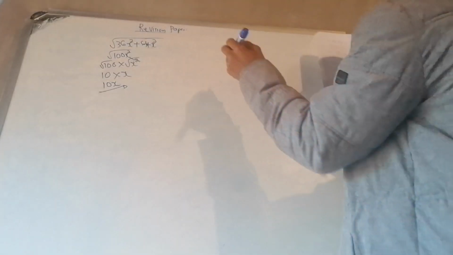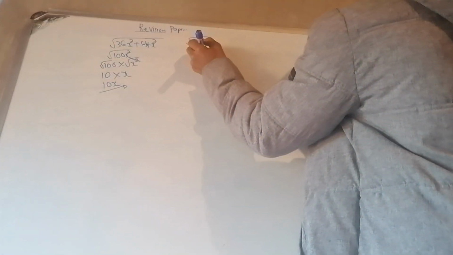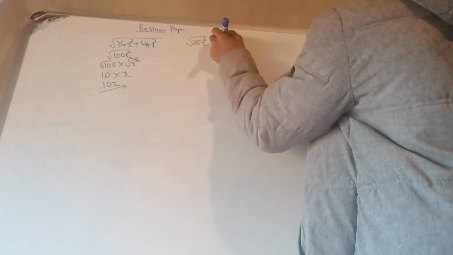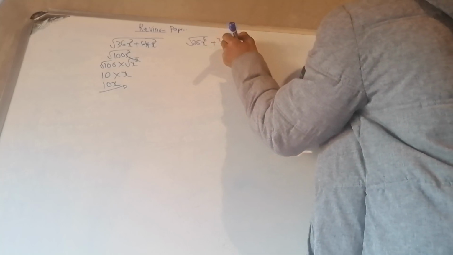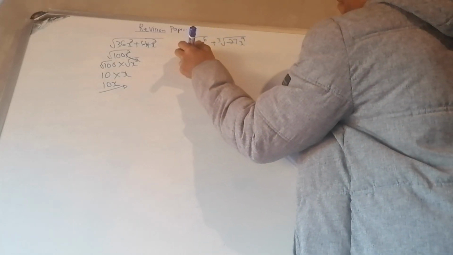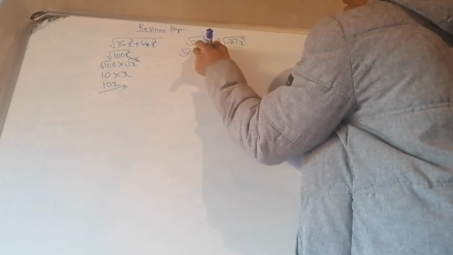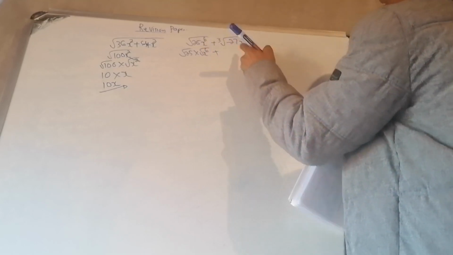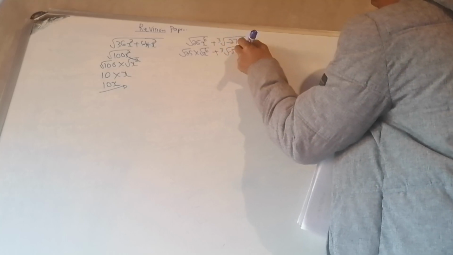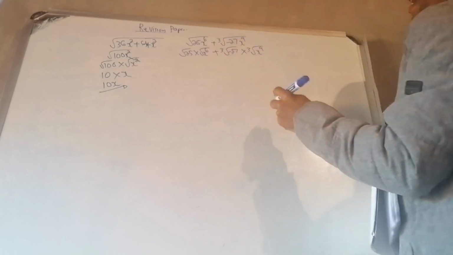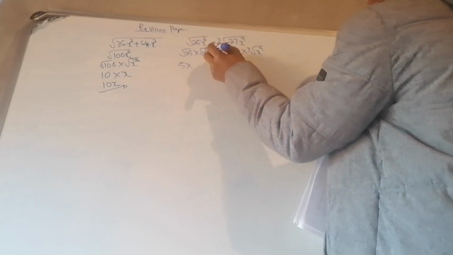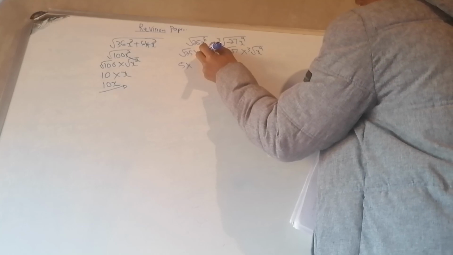Right. The second one: the square root of 25x⁶ plus the cube root of negative 27x⁹. Here we take the square root of 25 multiplied by the square root of x⁶, plus the cube root of negative 27 times the cube root of x⁹. The square root of 25 is 5, multiplied by x⁶ divided by 2.